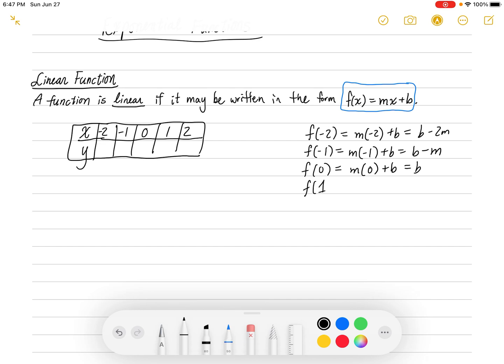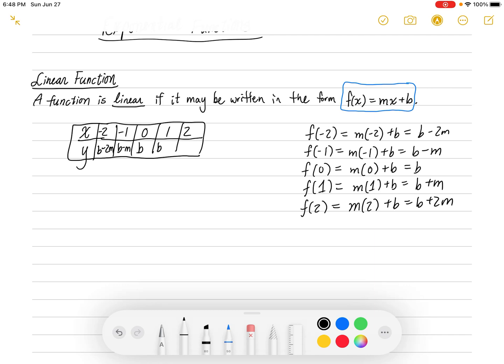And then f of 0: plugging a 0 for x, I'd have m times 0 plus b, which is simply b. F of 1: I plug in 1 for x, m times 1 plus b, that's going to be b plus m. And f of 2 is m times 2 plus b, or b plus 2m.